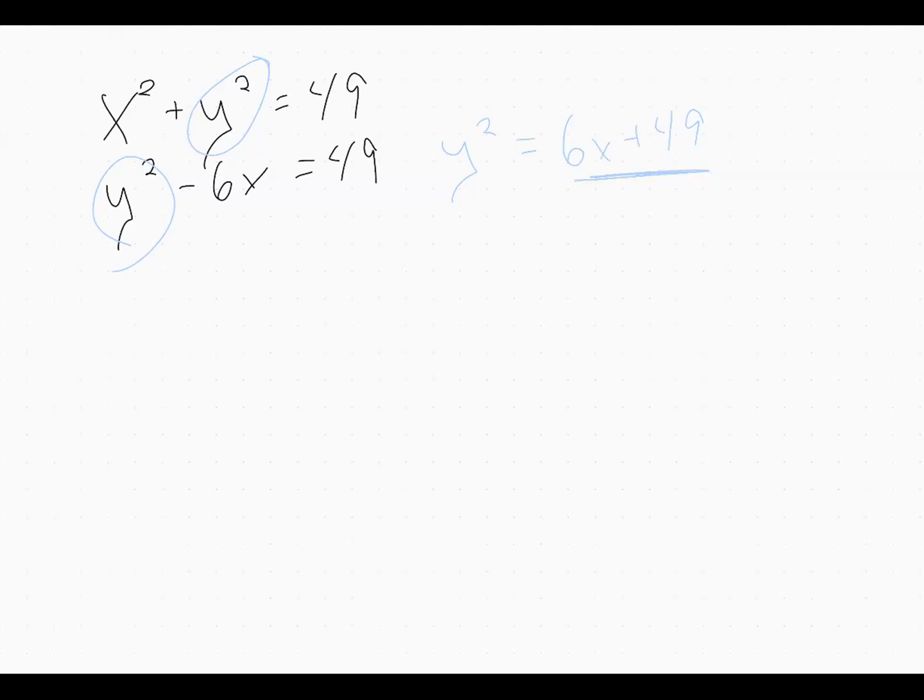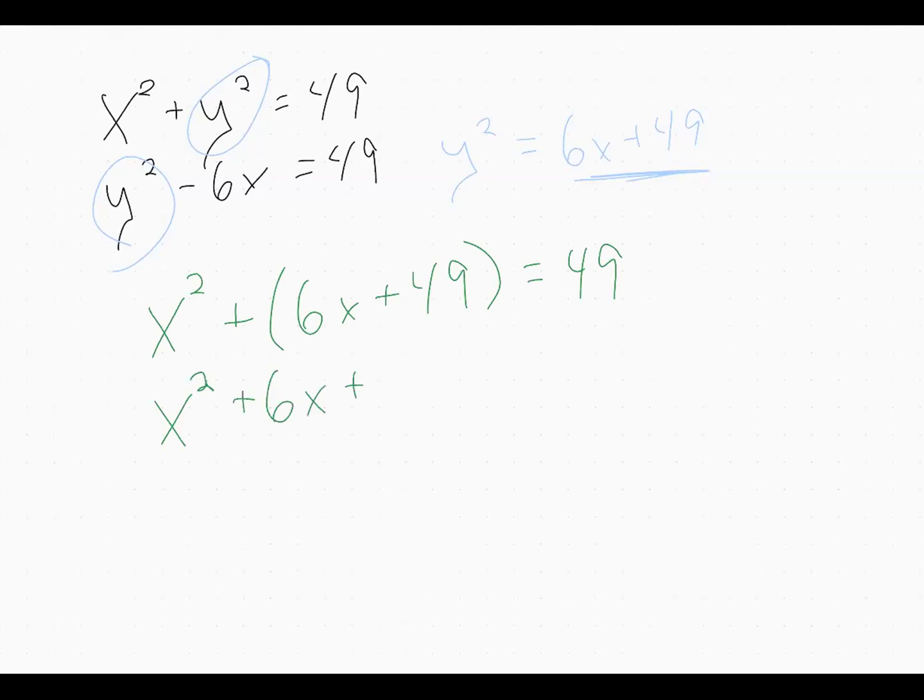So x squared plus 6x plus 49 equals 49. Clean it up. Subtract the 49 off. When I do, I end up with just x squared plus 6x equals 0.